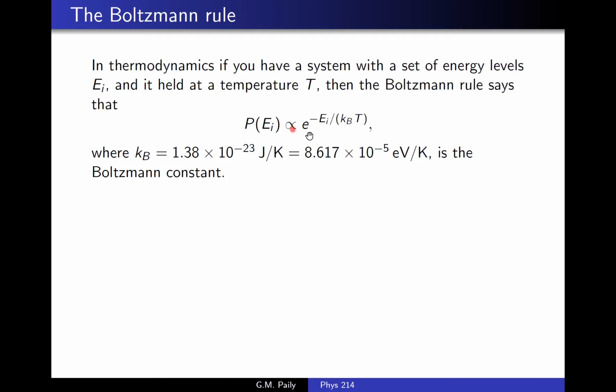It's this exponential of negative E_i over k_B T, where k_B is the Boltzmann constant and T is the temperature in Kelvin. It's the absolute temperature. So you can see that if you multiply k_B by a temperature, then you will get an energy. And so you have e to the negative E_i over a thermal energy. So this is a unitless exponent here, because it's a ratio of 2 energies.